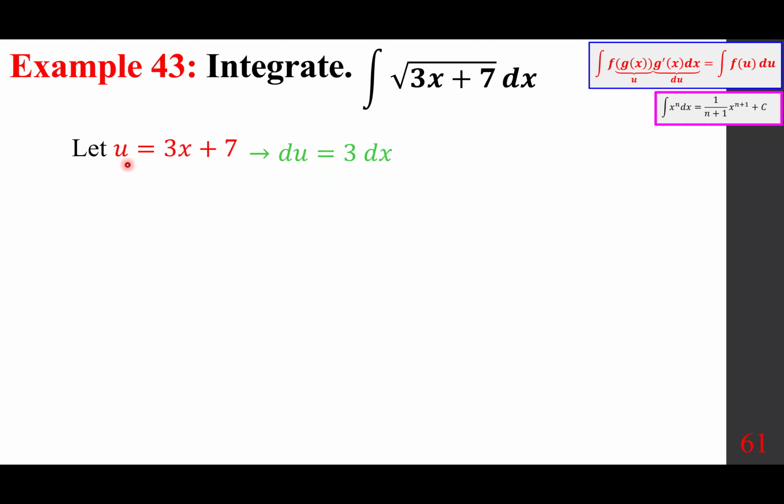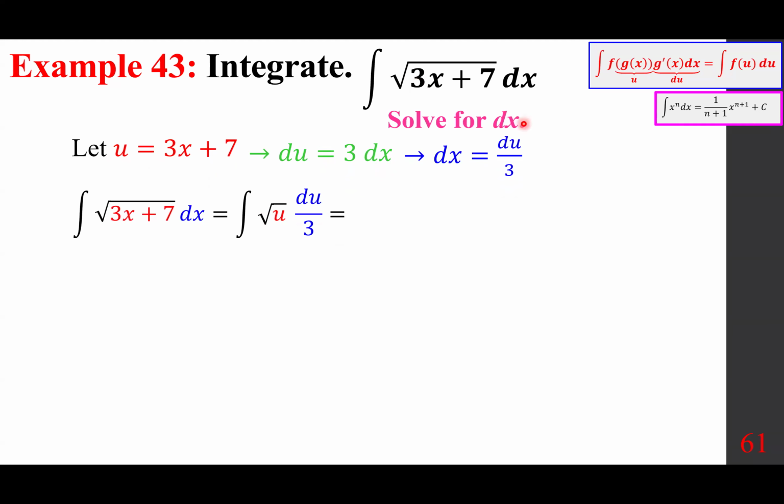Now, what others do, and I'll show you my way also. What others do, they solve for dx, which becomes du over 3. And so this now becomes square root of u, and this becomes du over 3.